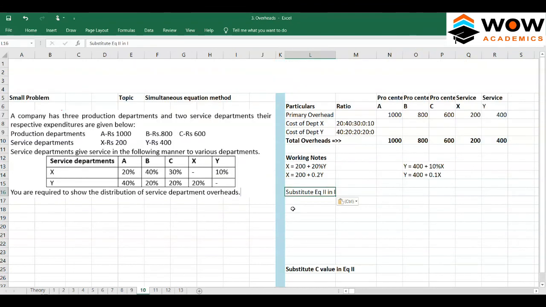We'll take this as equation number 1 and this as equation number 2. Y could be represented through this formula, like this.